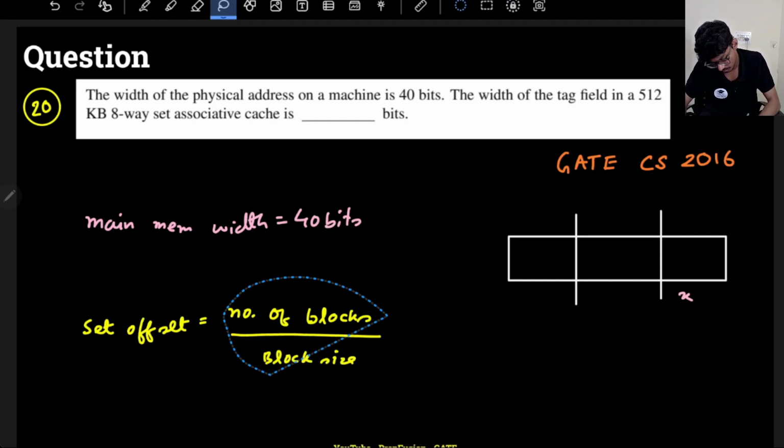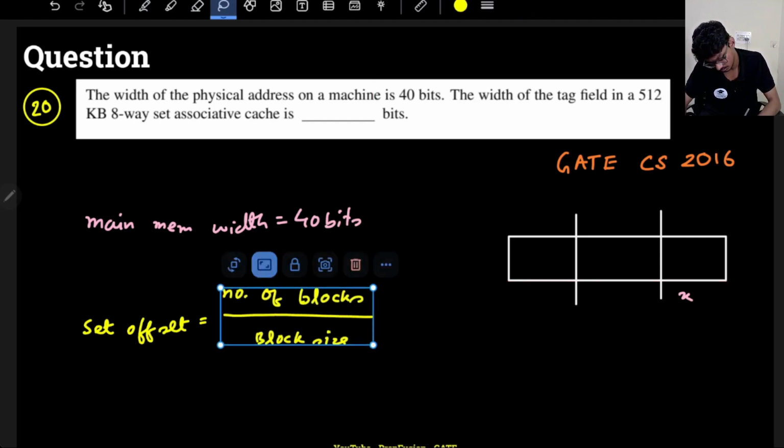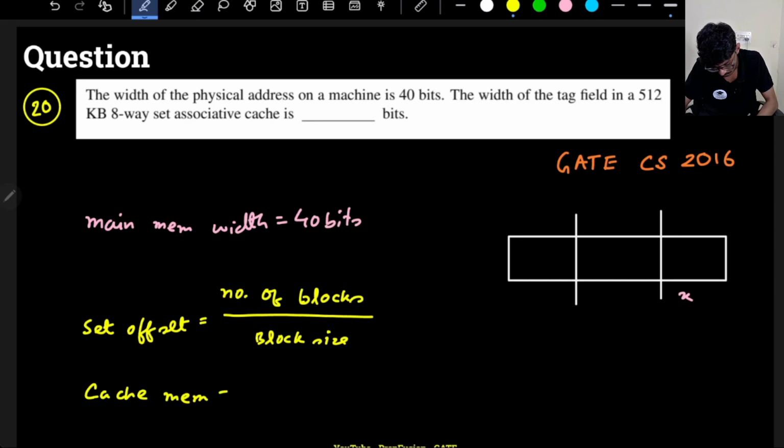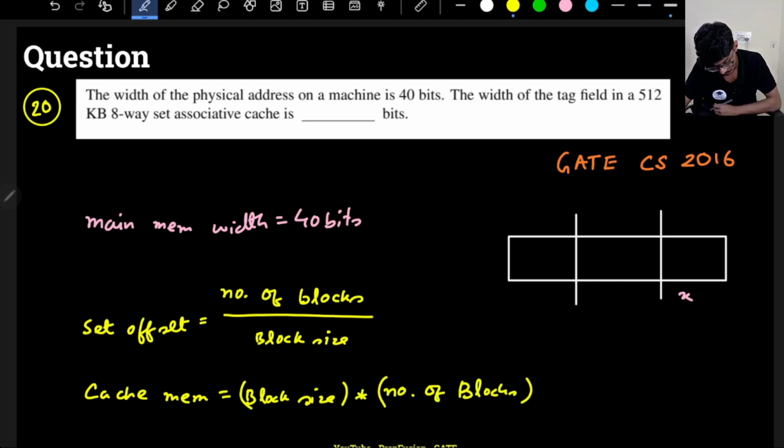And I know the cache memory size. Cache memory size is equal to block size into number of blocks, correct?